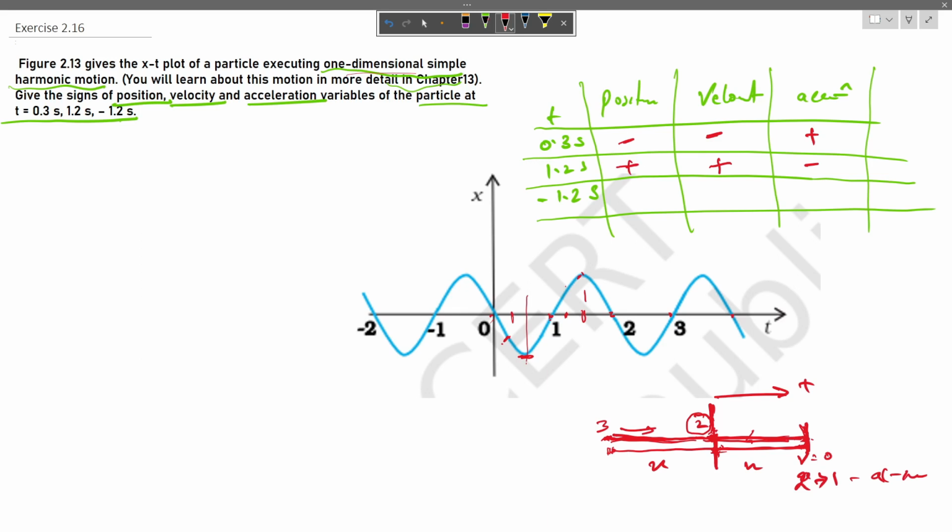Now consider the third case, minus 1.2 seconds. This is going to be minus 1.5, and minus 1.2 would be here. We see that the body moves from the negative extreme point towards the zero equilibrium position.